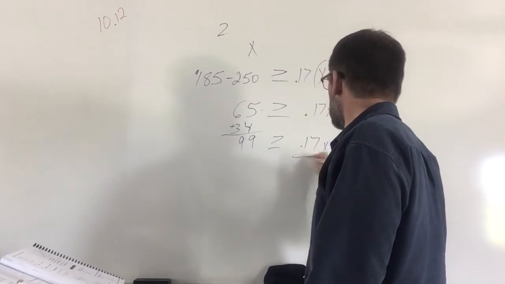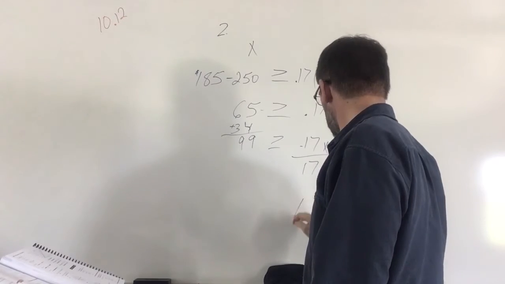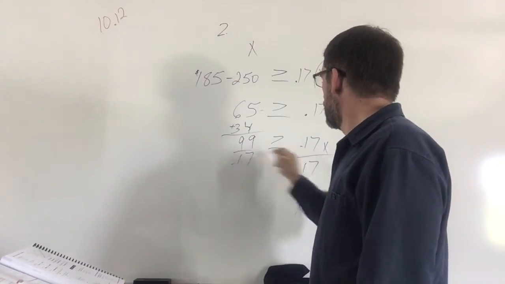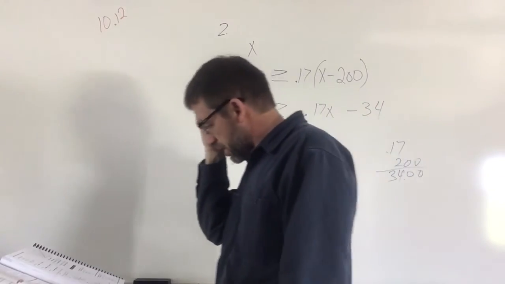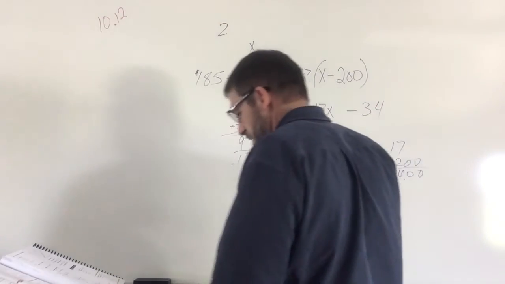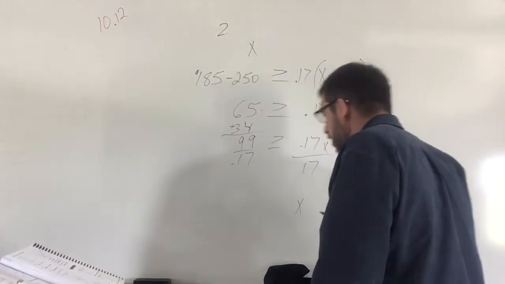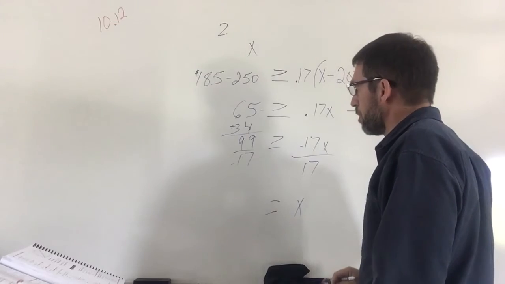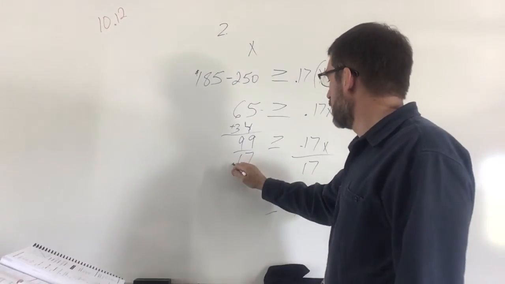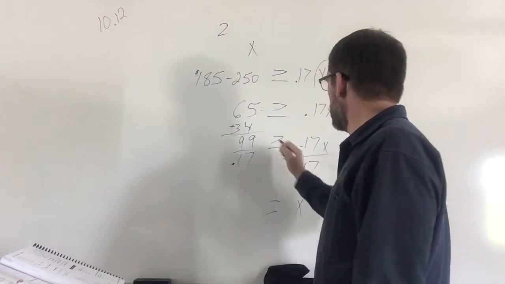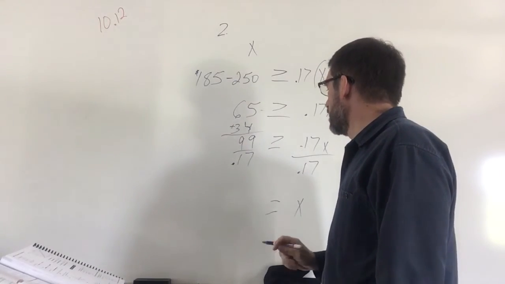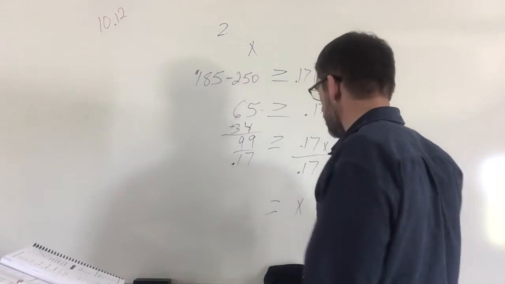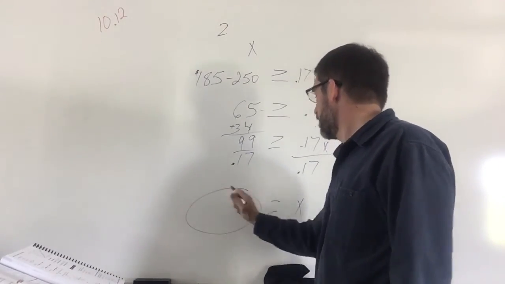0.17x. So I do 0.17x. I don't know what that answer is. How many times will 0.17 go into 99? That would be what x equals. If you divide 0.17 into 99, that will tell you the answer.